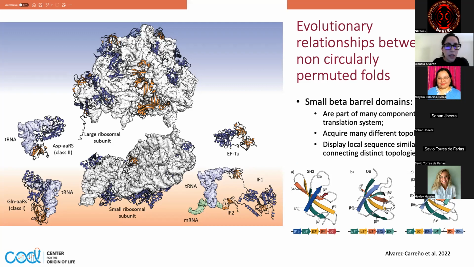And they are present in many proteins of the translation system. That includes the ribosome itself, but also the amino acid tRNA synthetases, which are the proteins that charge the amino acid to the tRNA, and also initiation and elongation factors.